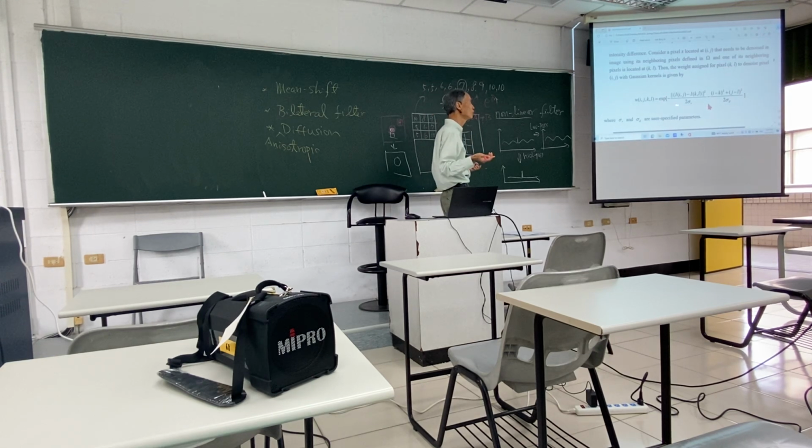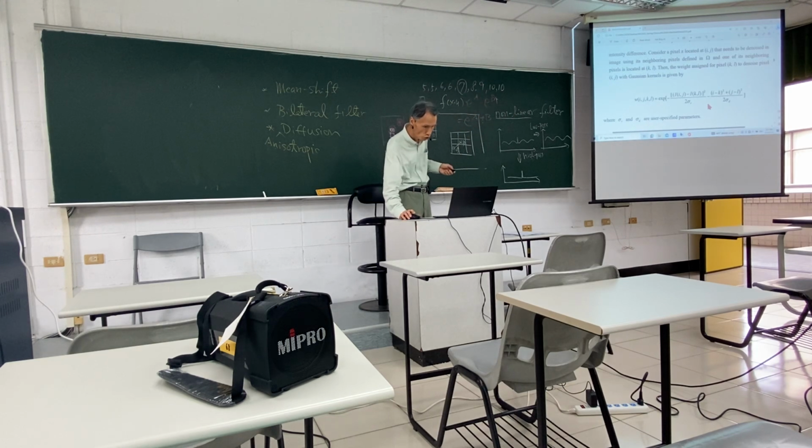So as the user, you need to determine the bandwidth for color, for distance, and what the window size should be. 好，这是你那个 window 视窗，它的 neighbor. What you have to look for: this so-called bilateral, bi means two. So we look for the color difference and the spatial difference.